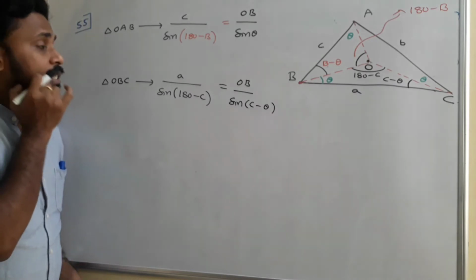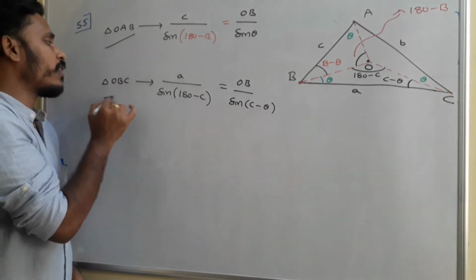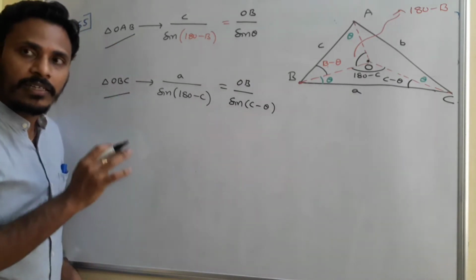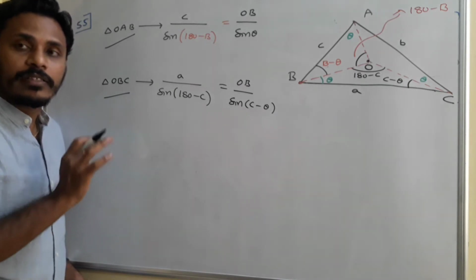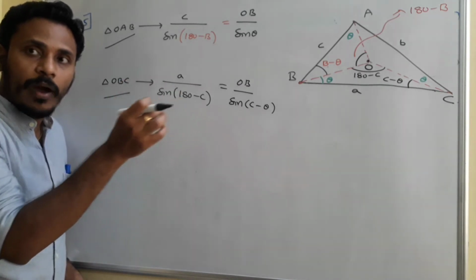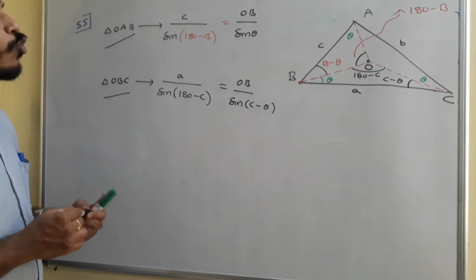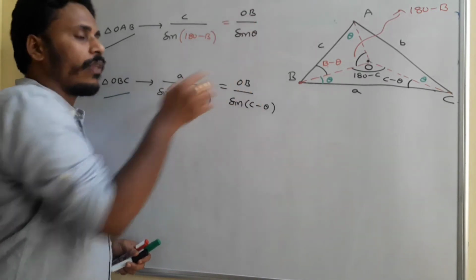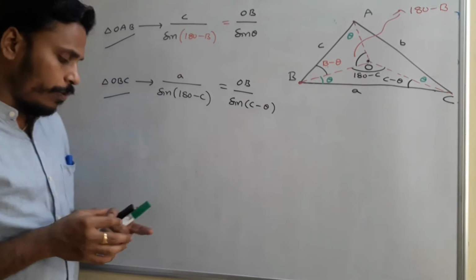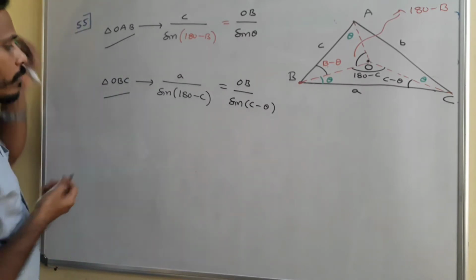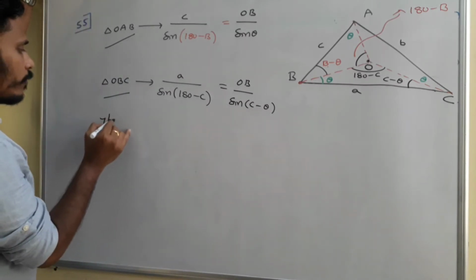At the end, the sine rule for triangle OAB and the sine rule for triangle OBC. We applied just the sine rule, which is simply side divided by the sine of the opposite angle. Now in these two parts, OB is a common thing, so you just eliminate that OB. Then what do we have?